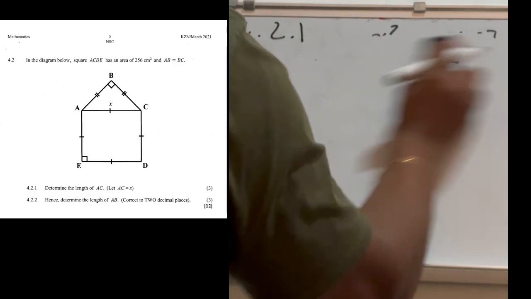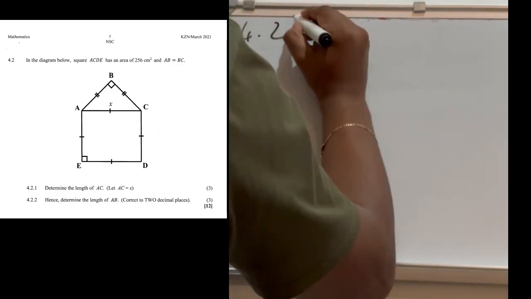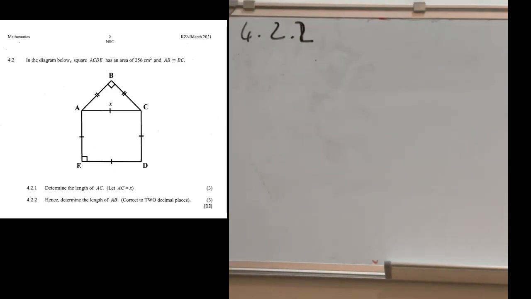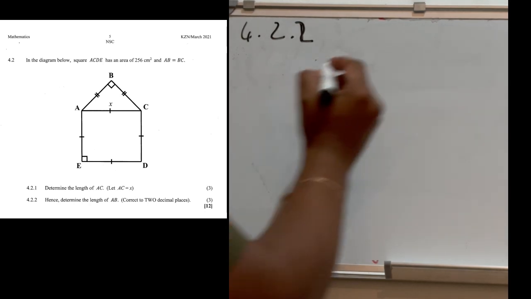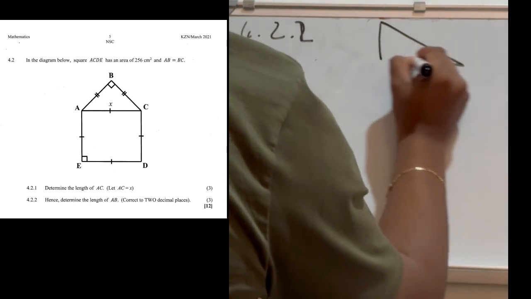So if x is 16, now they ask us question 4.2.2, determine the length of AB. Okay. So AB is in a right angle triangle. So if you look at it, you're going to have it like this.